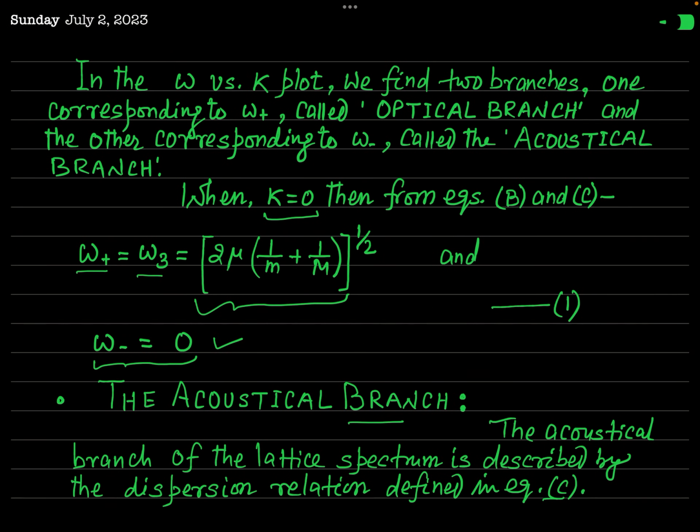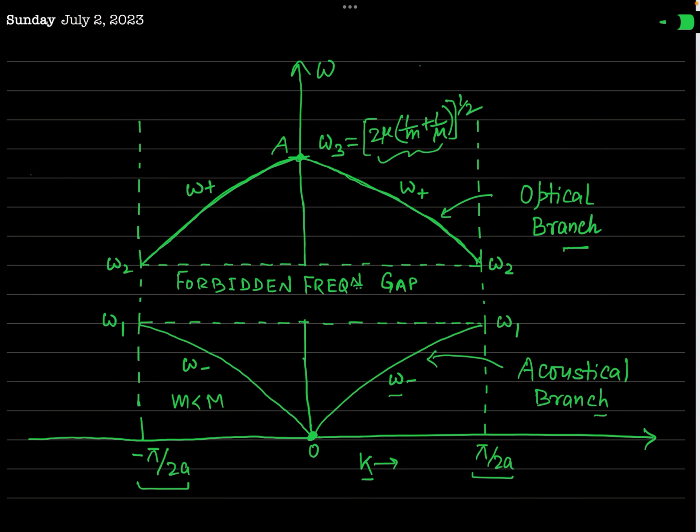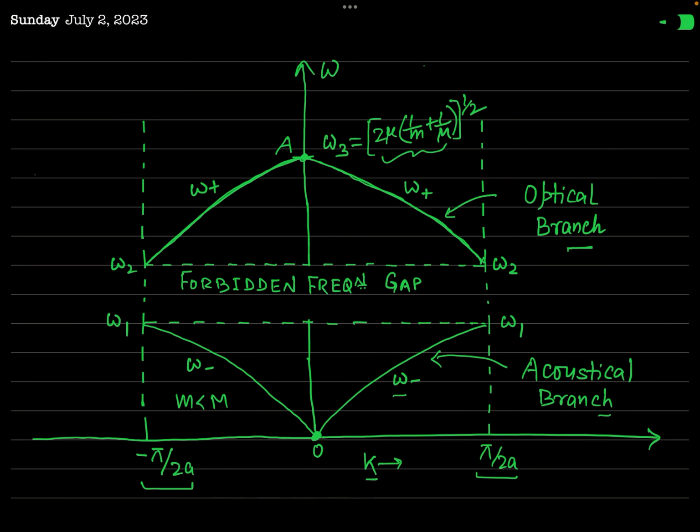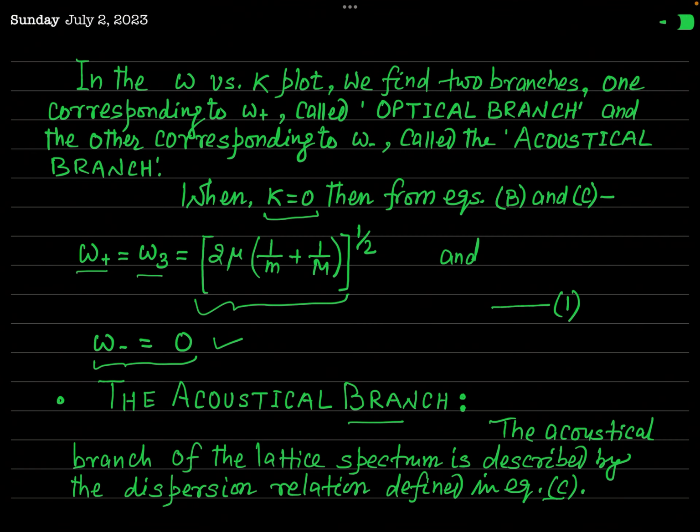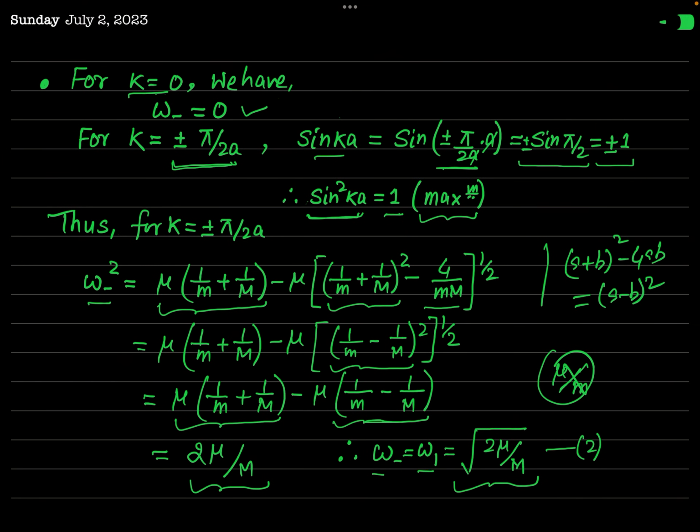So you can see that at these two boundaries, omega 1 is equal to root over 2 mu over capital M. Okay, and here also omega 1 is equal to root over 2 mu over capital M. This is the maximum value of the frequency of the acoustical branch.